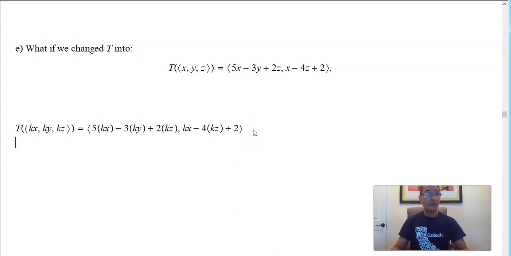So the right side is not k times T of x, y, z. So therefore, unfortunately, this function, it's still a function from R3 to R2, but it's not homogeneous. So therefore, it is not a linear transformation.